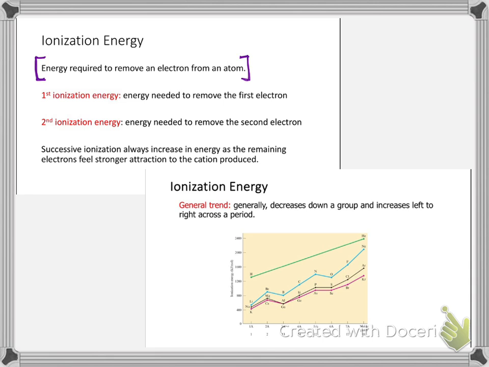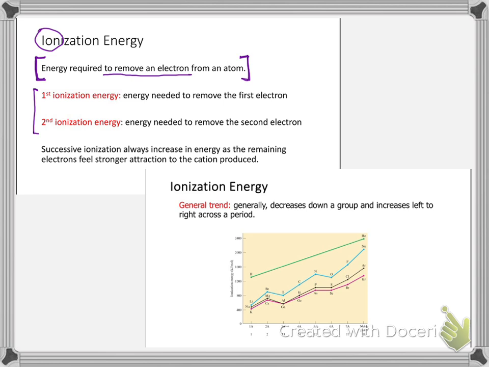Ionization energy is how much energy is required to remove an electron. You can have multiple ionization energies: first ionization energy, second ionization energy, and it could go on and on, however many electrons you have.